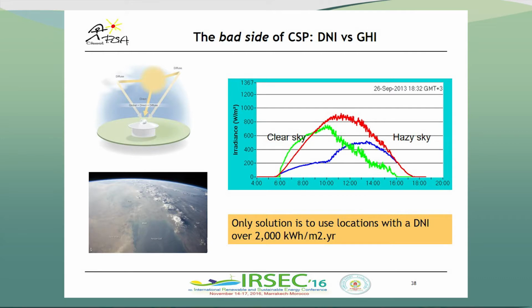It's not cloudy, it's just hazy. But what happens? The DNI goes down, the diffuse increases, the global keeps its curve, its values, so PV will continue working, but CSP not.